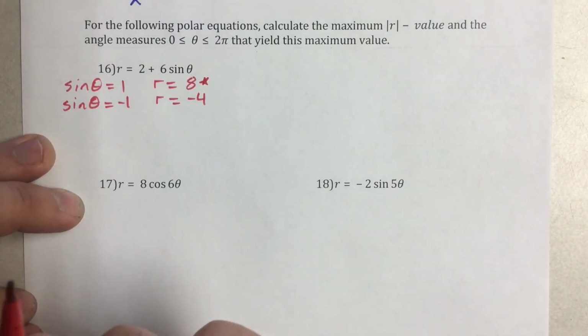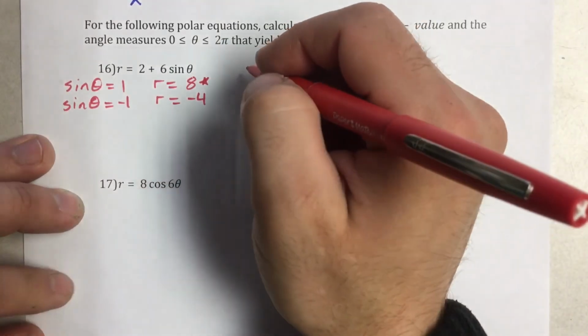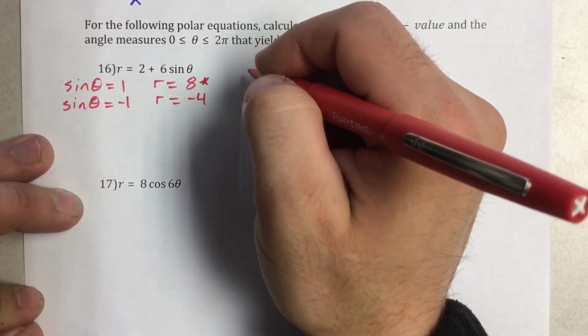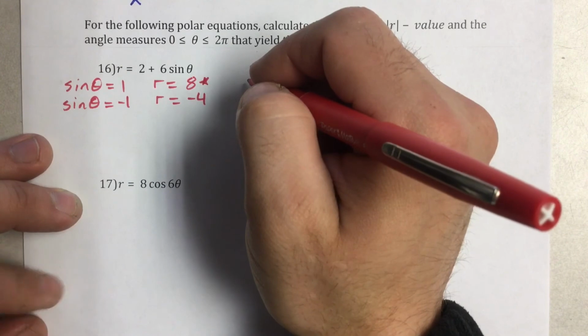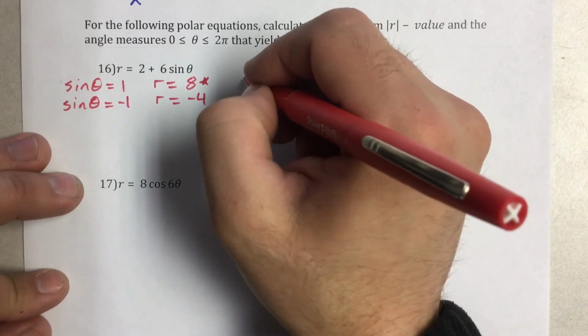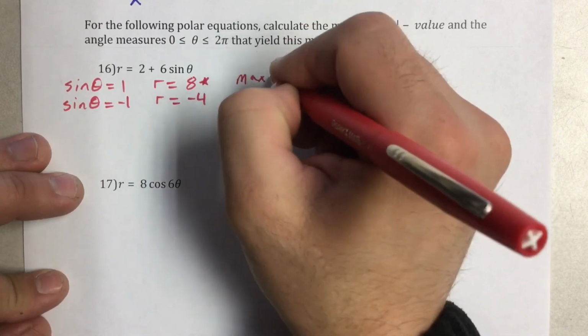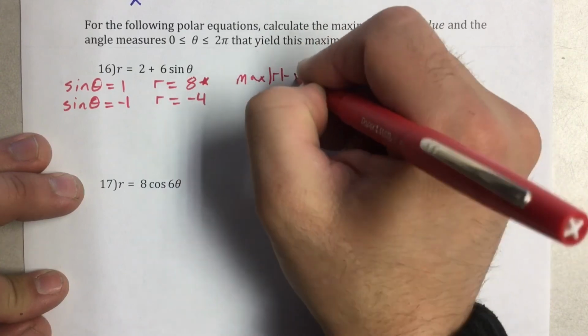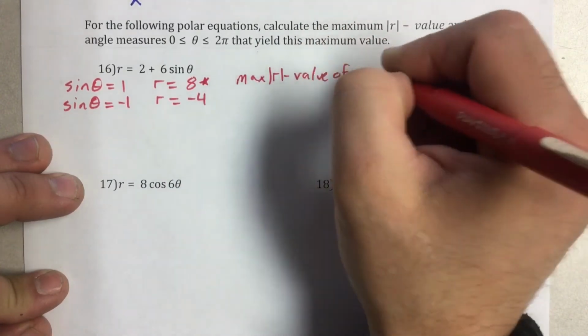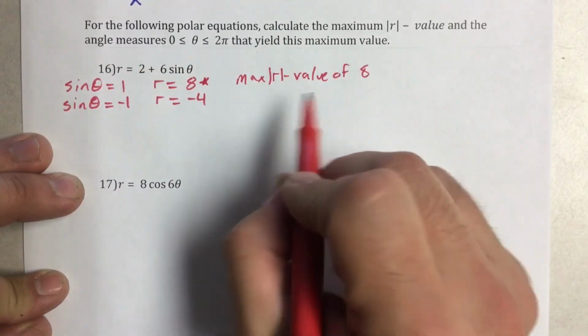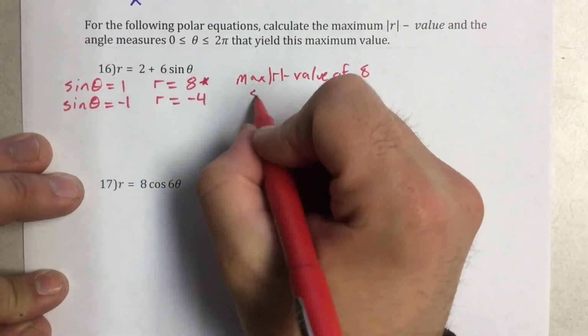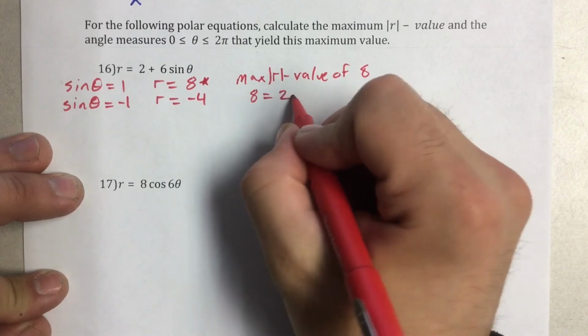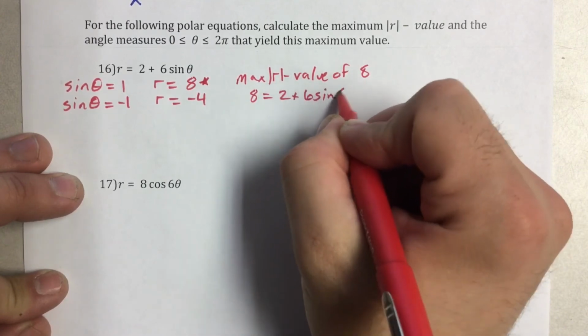Okay? Now, looking at this, we have a max R value of 8. Now we want to find the theta, the angle measure that yields this value. So what we do here is we set our equation equal to 8, 8 equals 2 plus 6 sine theta.